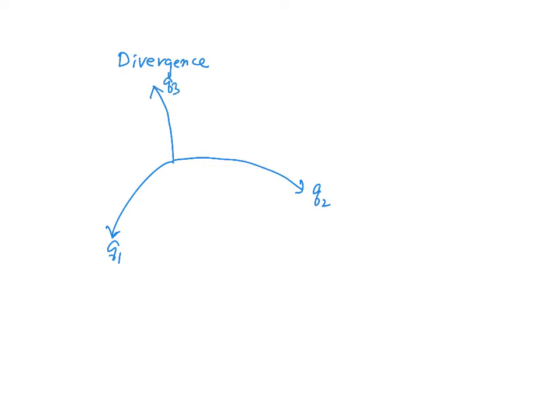So Q1, Q2, Q3 can be actually designed whatever is convenient for you. So let's consider some volume.